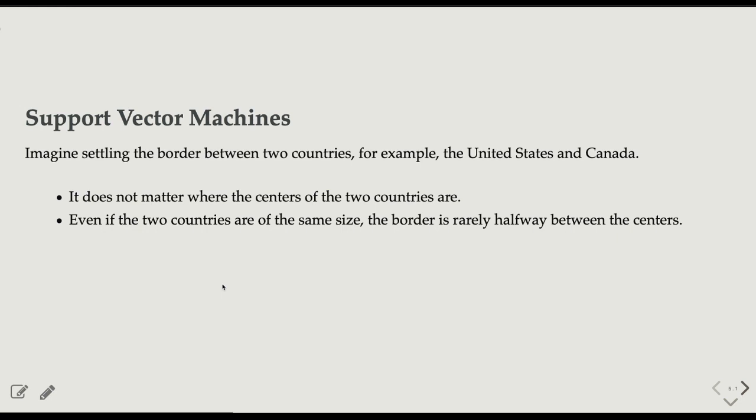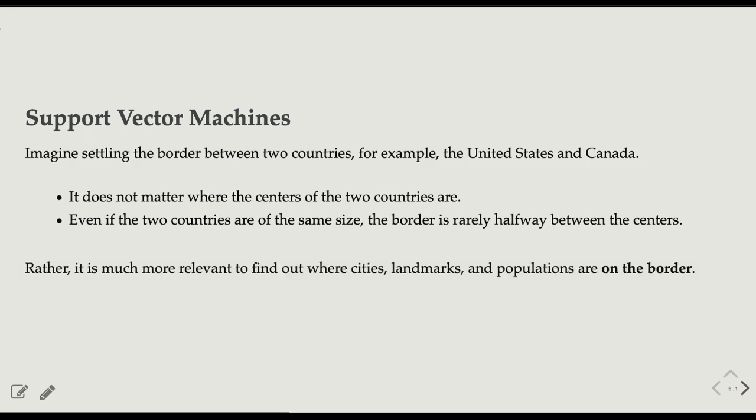It doesn't matter where the centers of the two countries are. Even if the two countries are of the same size, the border is rarely halfway between the centers, right? So rather, it is much more relevant and more important to find out where cities and landmarks and populations are on the border to separate the two countries.